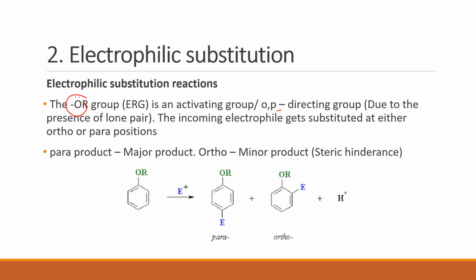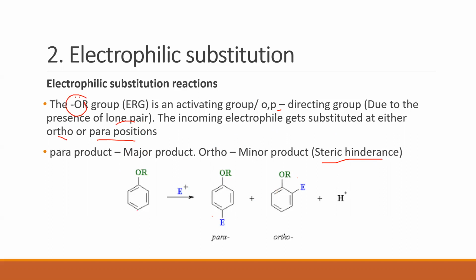Why? Due to the presence of the lone pair. So the incoming electrophile gets substituted where? At either the ortho or para positions. Who's the major product between ortho and para? Yes, the para product will be major and the ortho product will be minor. We spoke about this as well, because of steric hindrance.